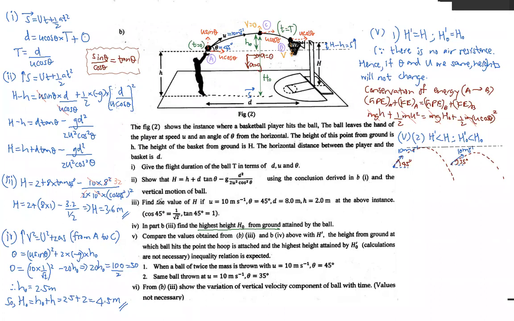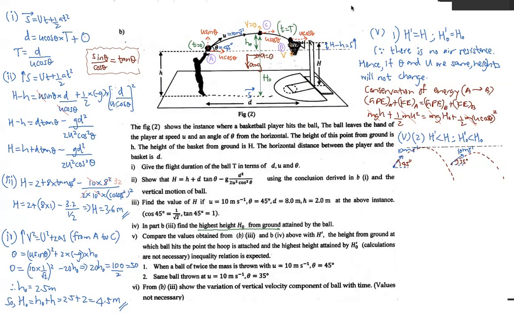From B3, show the variation of vertical velocity component of ball with time. Values are not necessary.